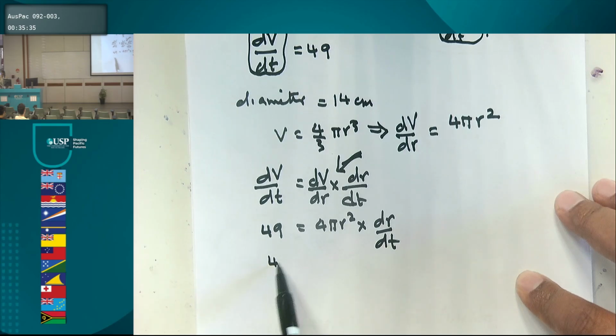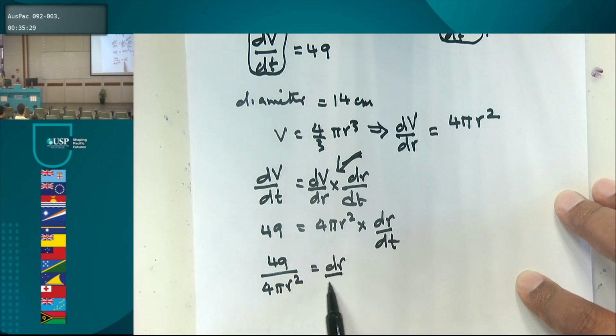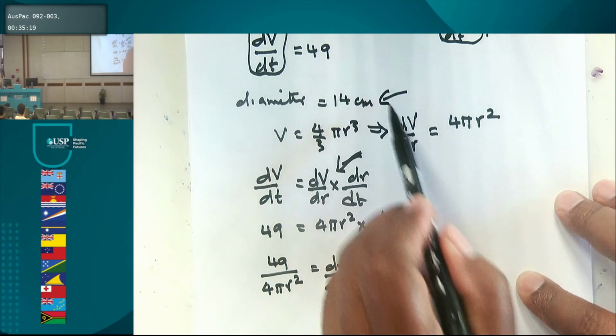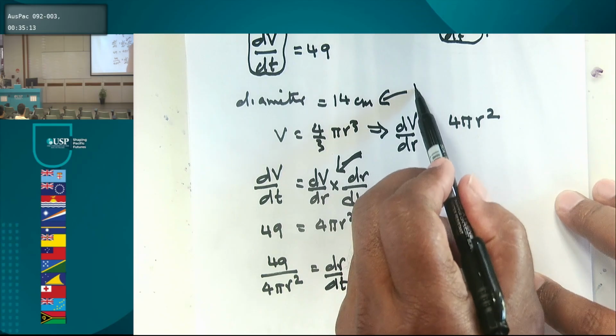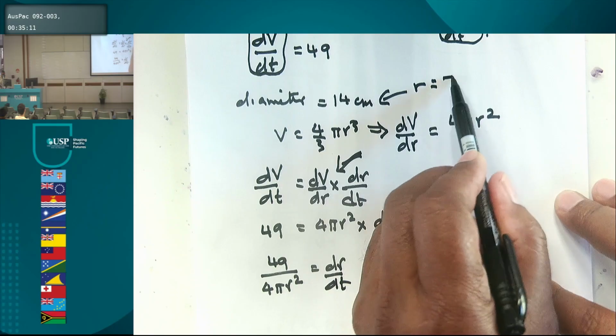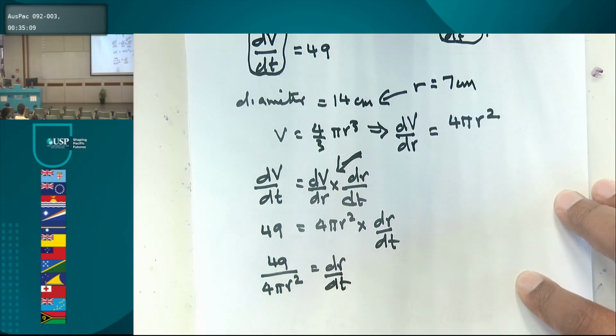So do we know the value of r? Yes, no? It can be extracted from the diameter. Diameter is 14 centimeters, so what's the radius? Yep. So I'll substitute 7 there.